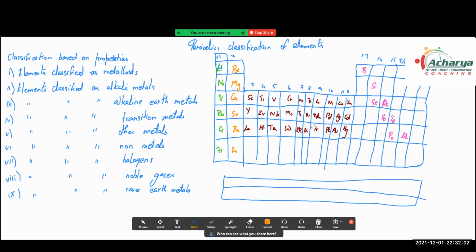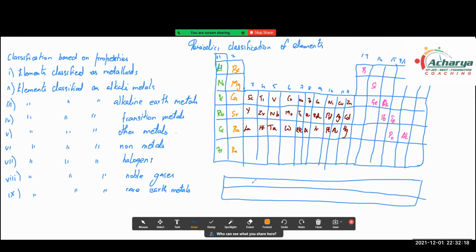Moving on to the other metals, there are 7 elements that are classified as other metals and are located in groups 13, 14, and 15.